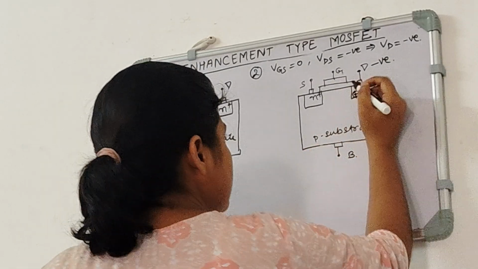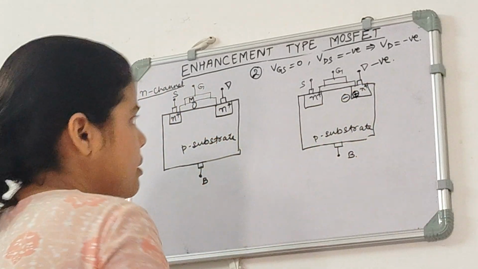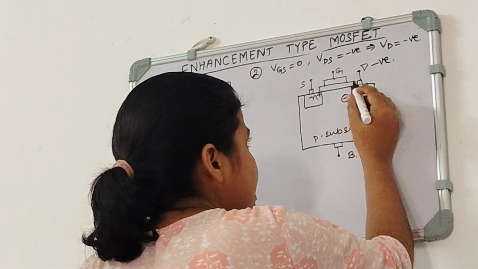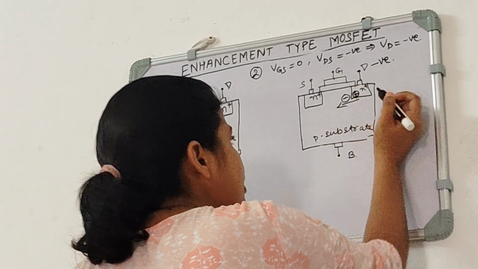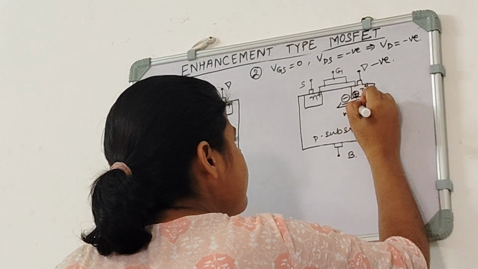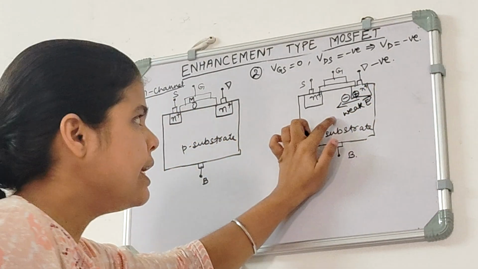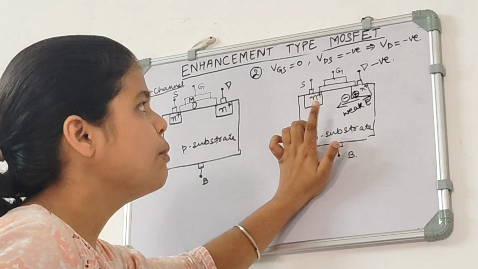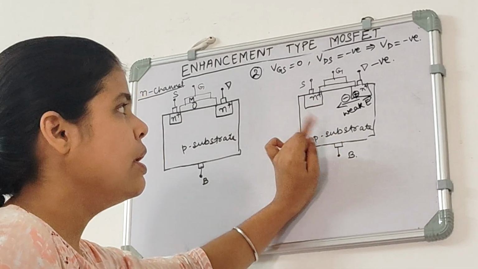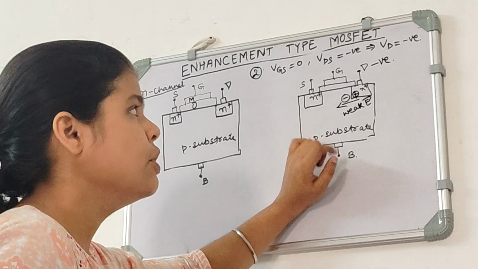So those negative ions of P substrate will be here, and due to this a weak electric field will be formed here. That is weak electric field. Because we know that for a strong electric field we need positive voltage at the drain terminal, because our drain is of N plus type material.